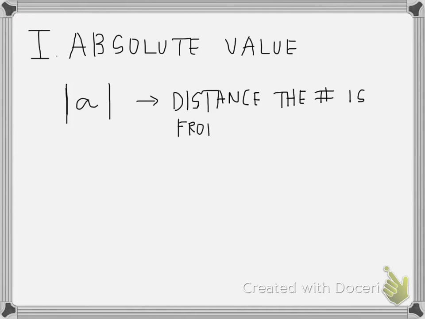So remember, distances are always positive. So when you want to take the absolute value of a number, okay, you will remove the absolute value bars. So the absolute value of 5 is equal to 5.